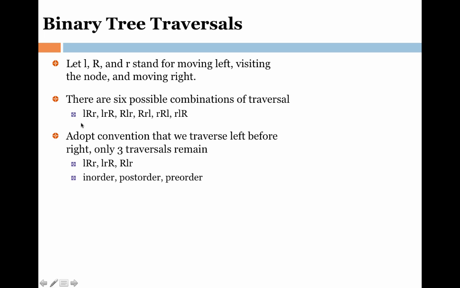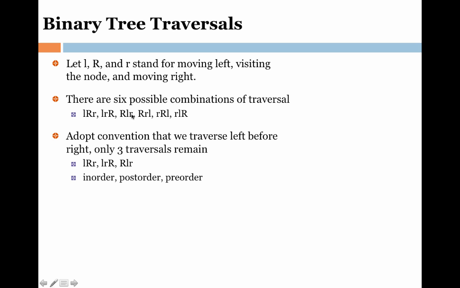You first explore the left subtree, then you mark the current node as visited, then you visit the right subtree. Or you traverse the left subtree, then you traverse the right subtree, then mark the node as visited. Now, the third possibility is mark the node as visited, then you traverse the left subtree, then you traverse the right subtree.